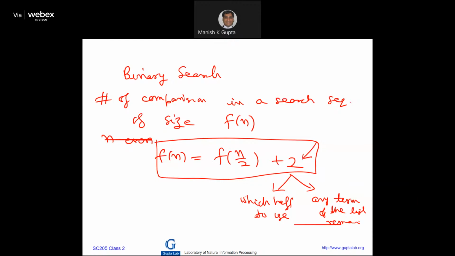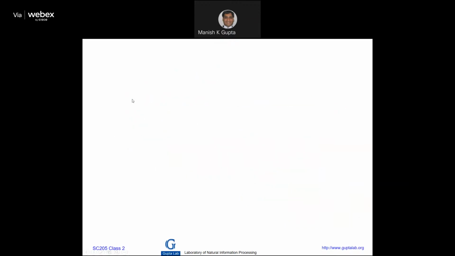Let me write down the most general thing that you can get while doing these things. The most general equation will be something like this: f of n is equal to a times f of n by b plus g of n.